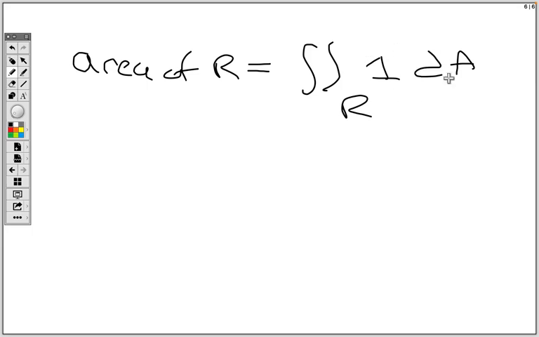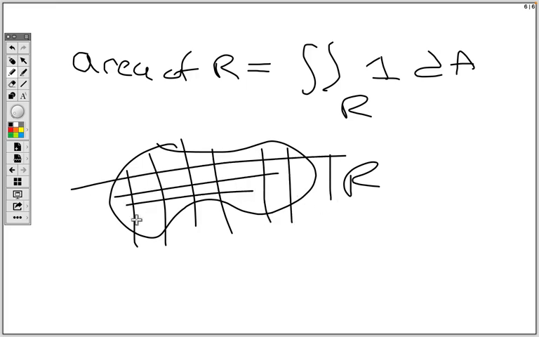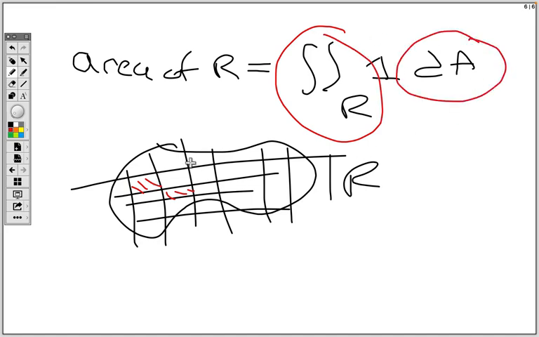If you actually just think about what you're doing here, you've got this region R, and you're chopping it up into these little rectangular pieces, and you're looking at the area of all these individual little pieces. All you're doing is adding up all these little parts of area, and as long as you've got your mesh shrinking to infinitely small rectangles, you're just basically adding up the area of R. You've chopped it up into a bunch of pieces. Now you're adding them all back together again. Okay, so that's your area.